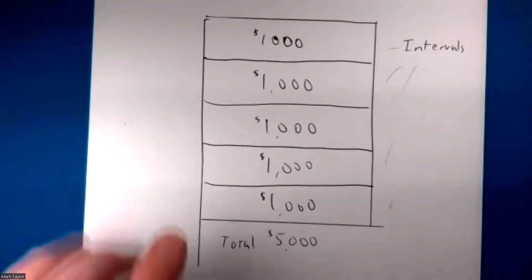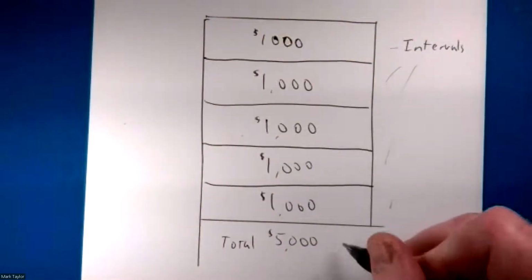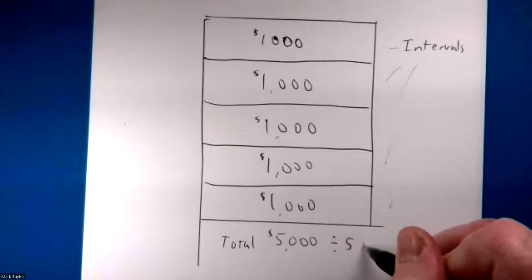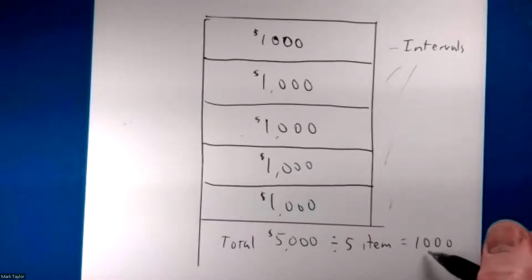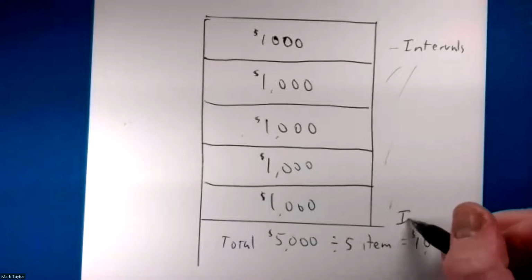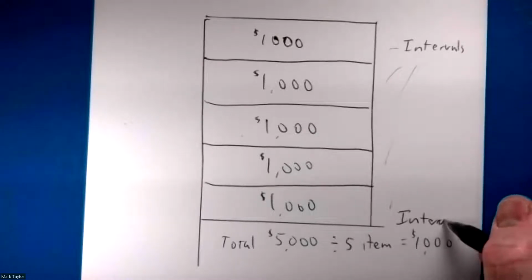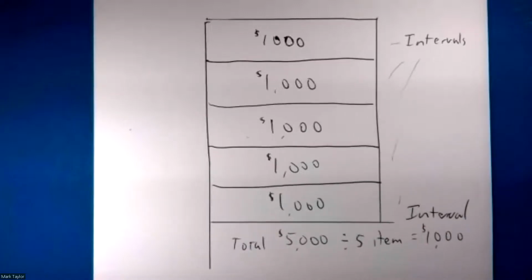We need 5, so we split our 5,000 divided by 5 items. So that's how we got that interval.